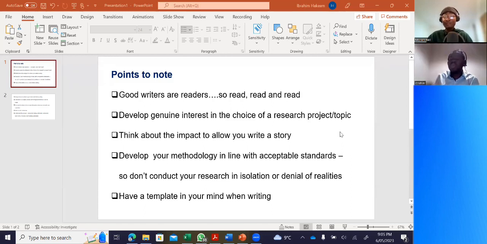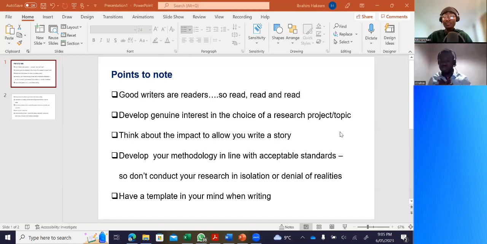So when you read to a certain extent, anytime, anywhere you just see that paper in your head. Okay, this is the paper I'll have as a template. The way they first start is the introduction. They talk about the history of this particular material. They move to the uses. They move to this, they move to that. Once you have a template in your head, writing becomes much easier.